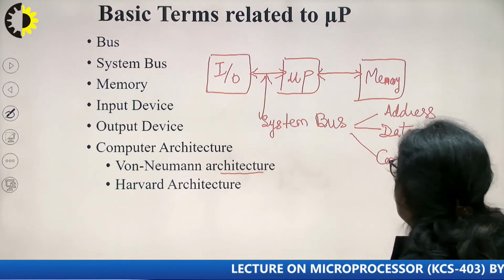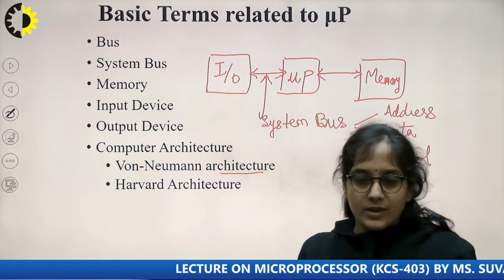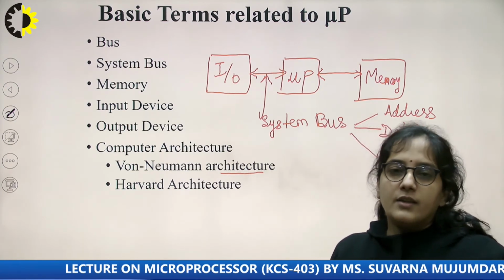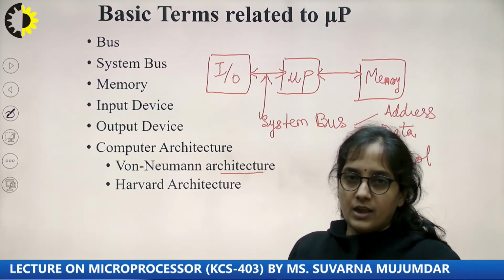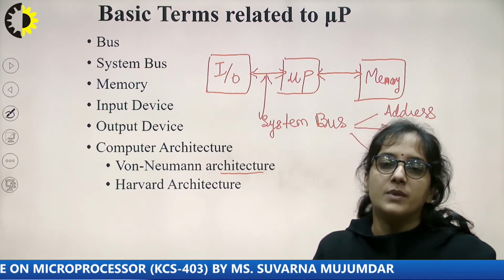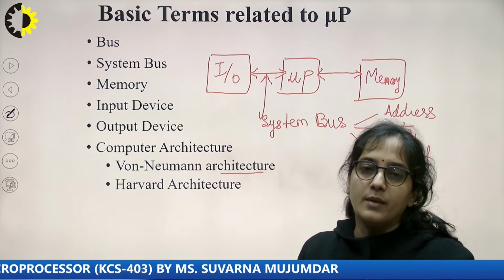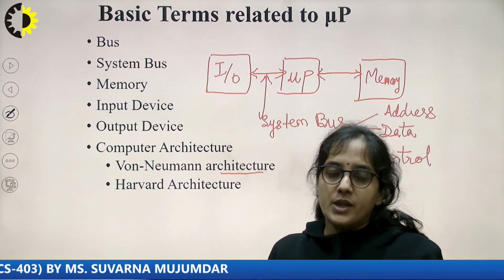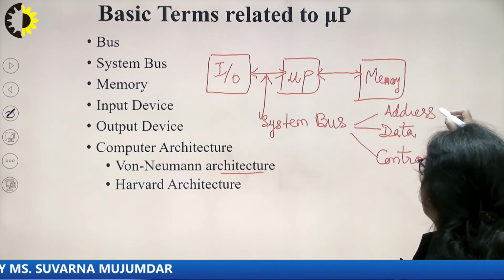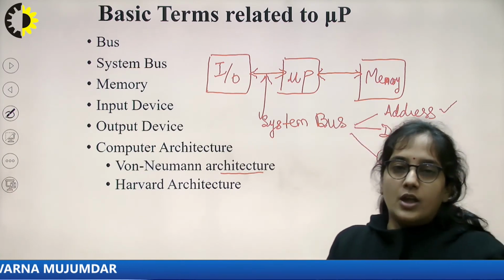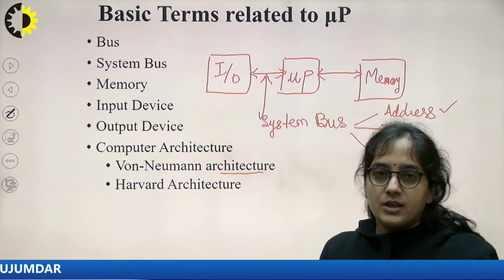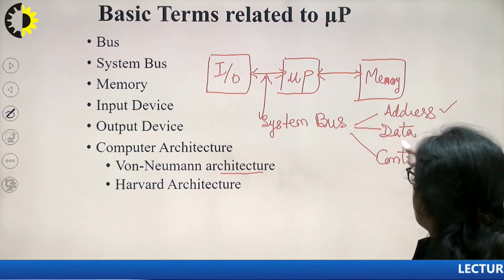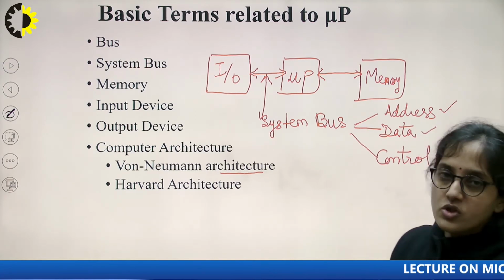Okay. So, I am just giving one example to understand this very clearly. If I have to share some data with another person, I first have to mention the name of that person to whom I am going to share this data. So, that name of that person, you can consider it as an address. Now, whatever the file that I am going to send is my data information.